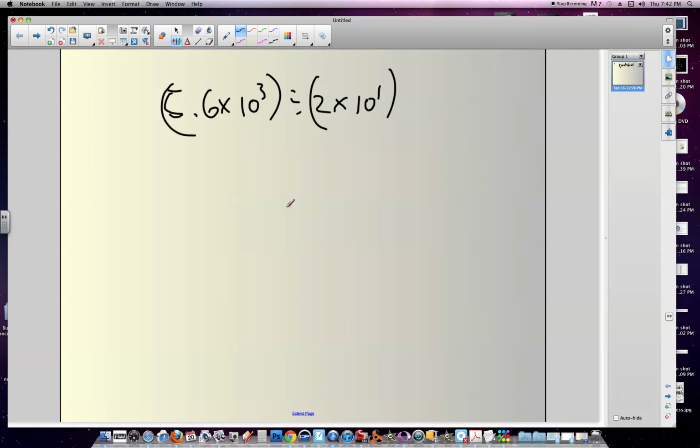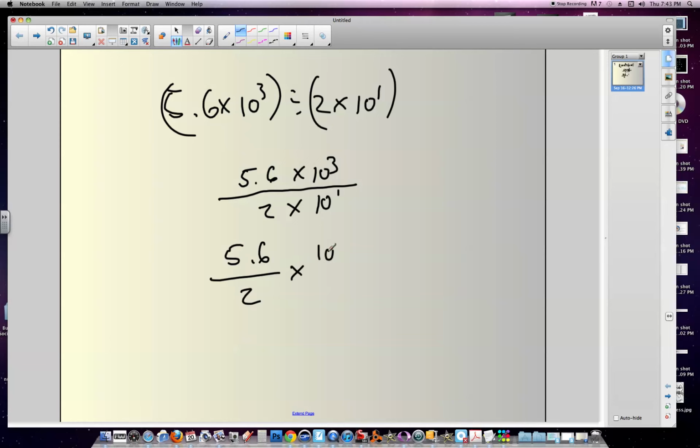Knowing that fractions and division are the same thing, this gets rewritten as 5.6 times 10 to the third over 2 times 10 to the first. And knowing that using our multiplication algorithm, we can kind of undo this and say, hey, that would be the same thing as if I had 5.6 over 2 times 10 to the third over 10 to the 1.